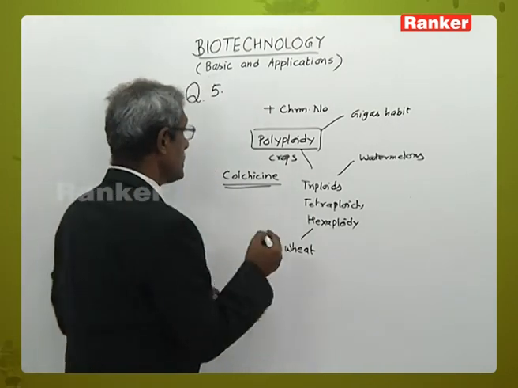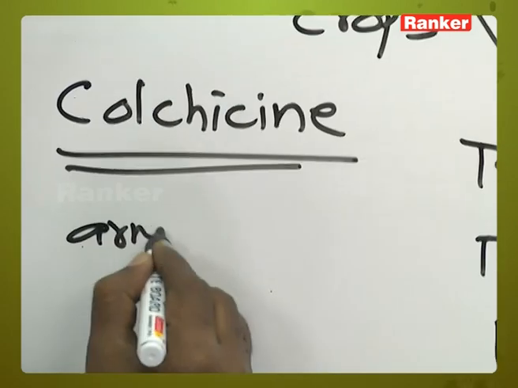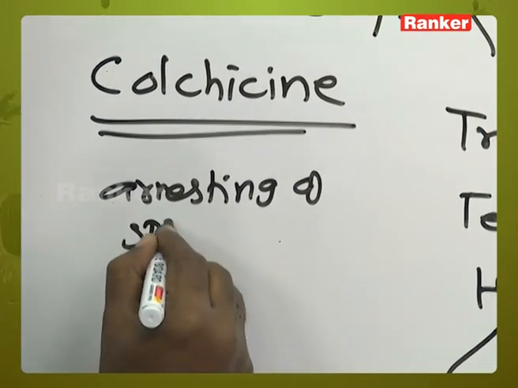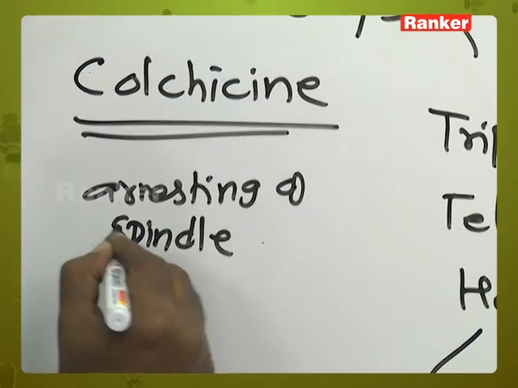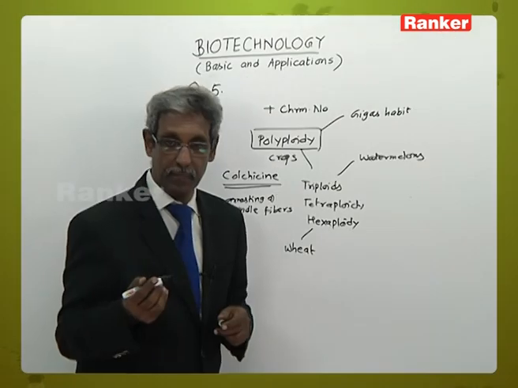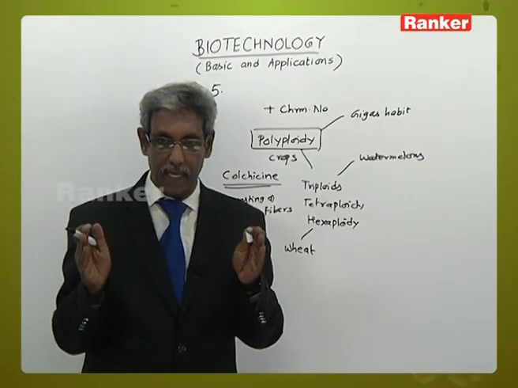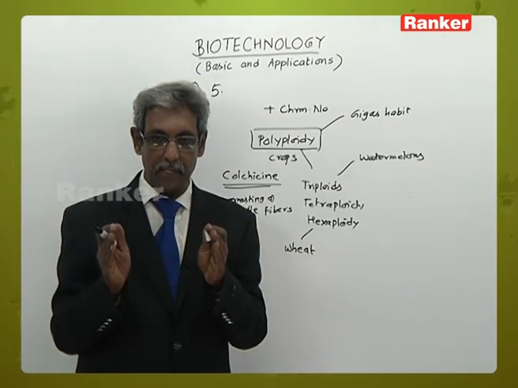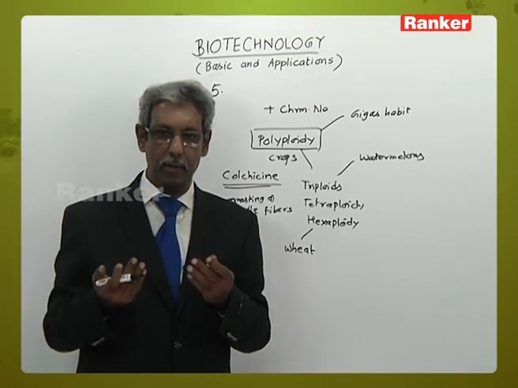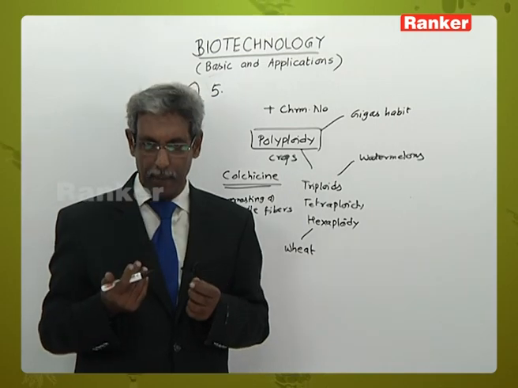Colchicine primarily causes arresting of the spindle fibers during cell division, so that chromosomes do not segregate. When chromosomes do not segregate, we have in the daughter cells an excess number of chromosomes, and the excess number of chromosomes leads to polyploidy.